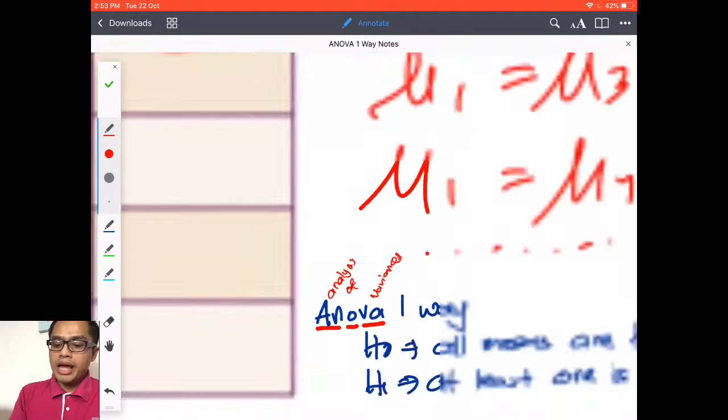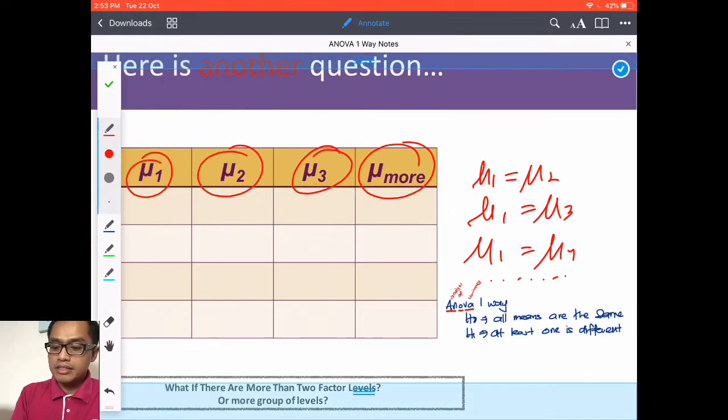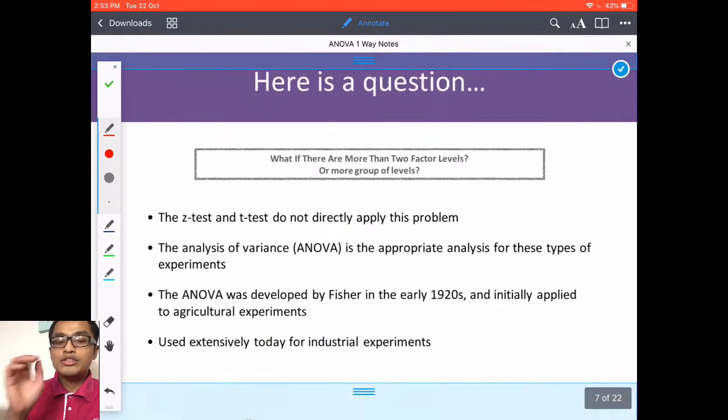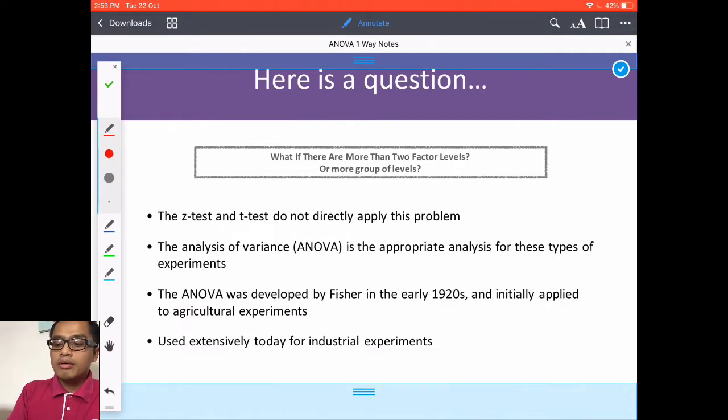That's why we name it analysis of variances. So when we want to have more than two groups, we call it more than two levels, right? We call it group of levels.